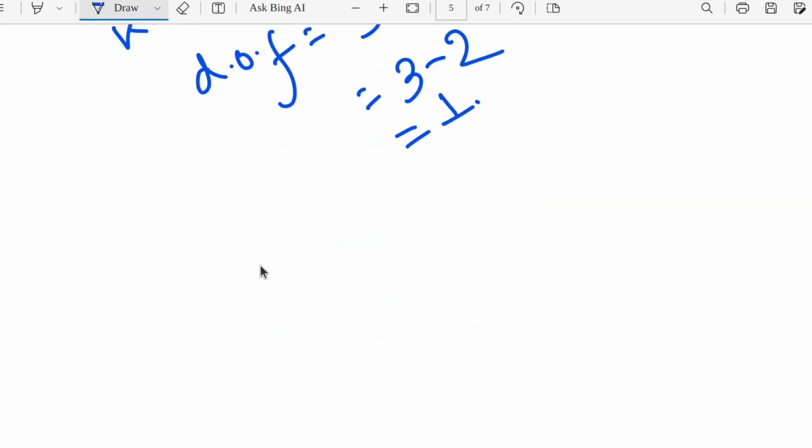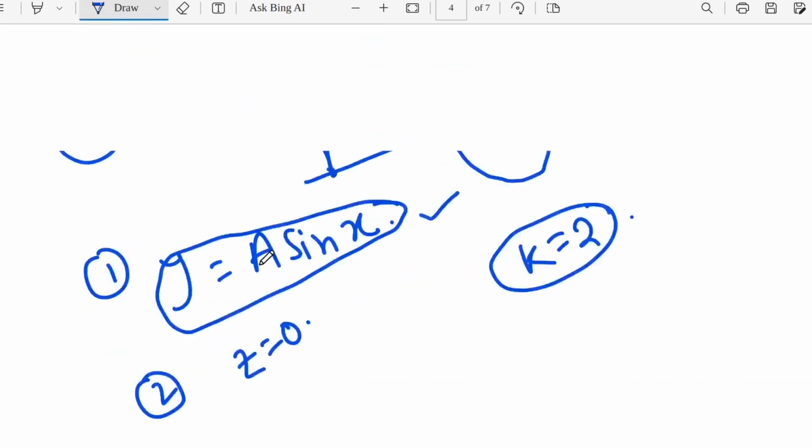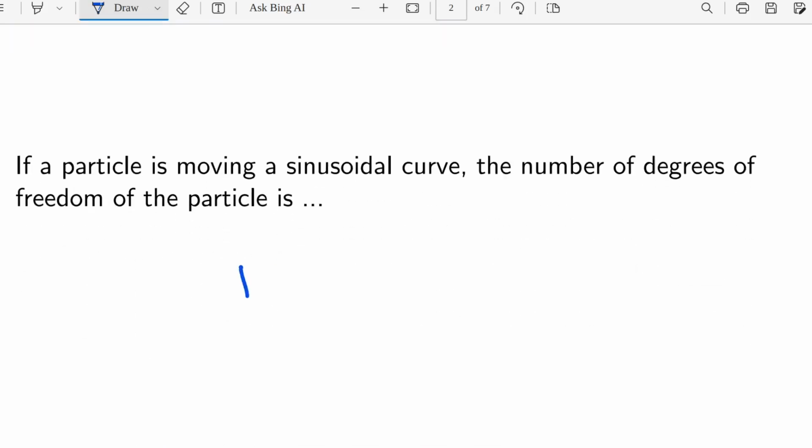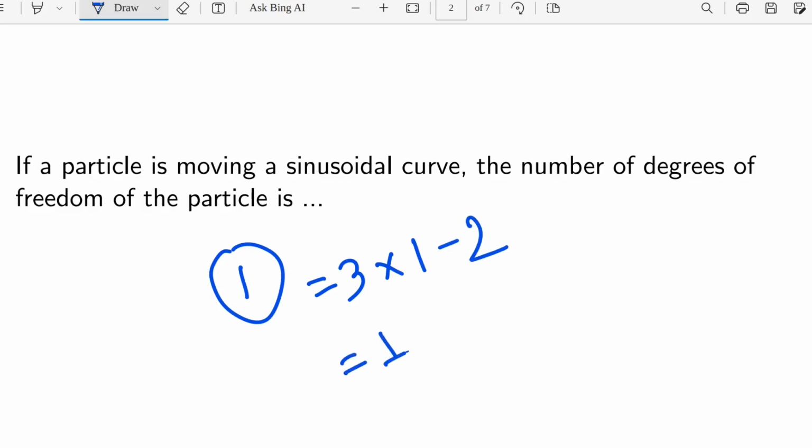So the degrees of freedom of a particle moving on a sinusoidal curve is 1. For this question the answer is 1: if a particle is moving on a sinusoidal curve, the number of degrees of freedom of the particle is 1, because it is 3 into 1 minus 2, which is 1.